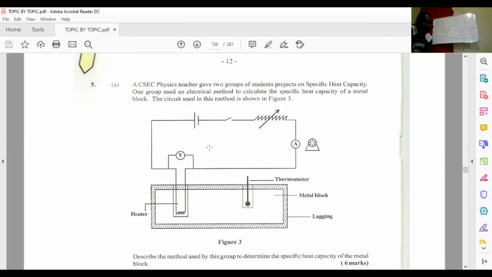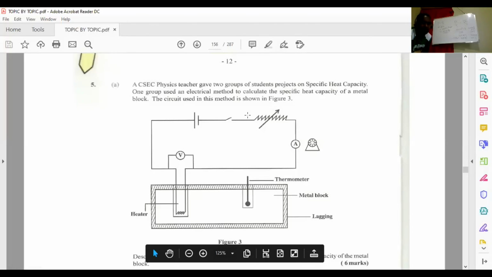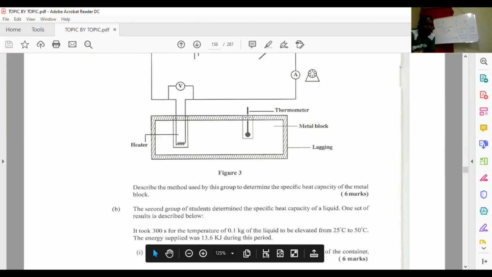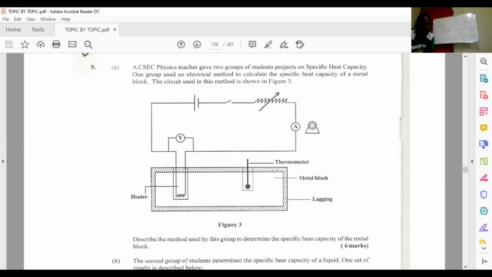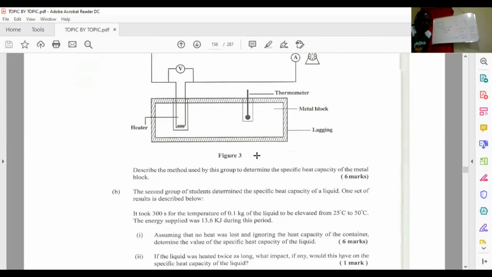Group 1 used an electrical method to calculate the specific heat capacity of a metal block. The circuit used in this method is shown in figure 3. Describe the method used by this group to determine the specific heat capacity of the metal block. Based on that, we should be able to generate a method.